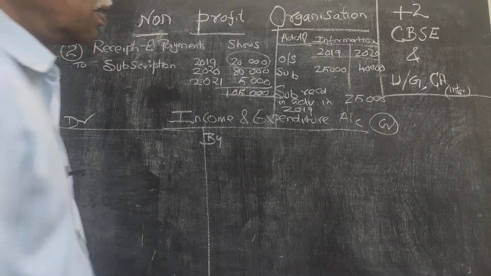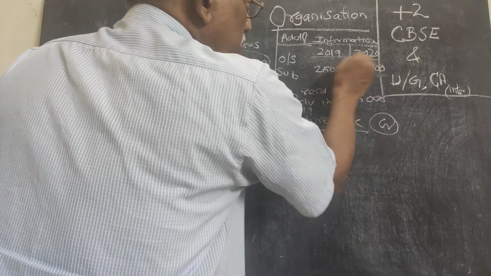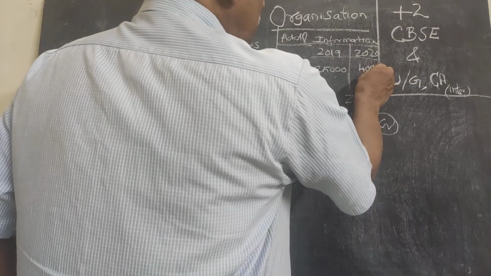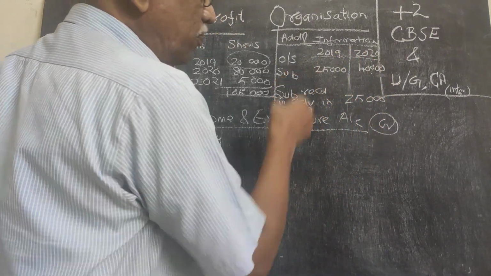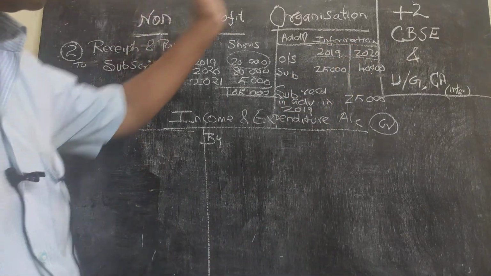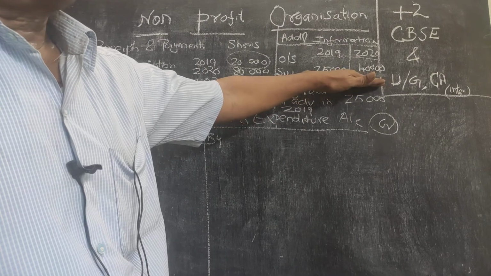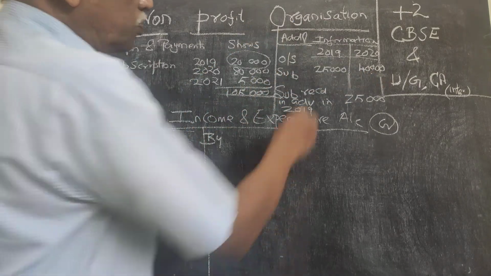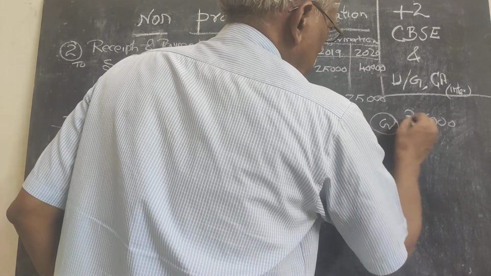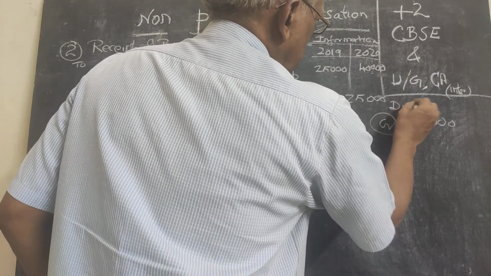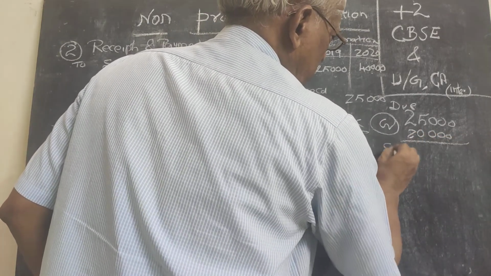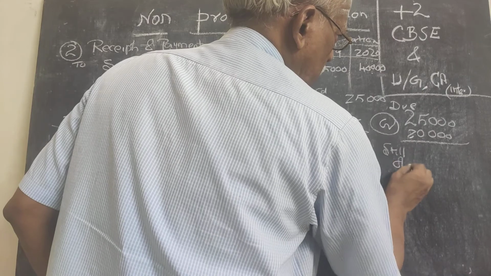That means this 40,000 is inclusive of that 5,000. So 40,000 is not the actual subscription outstanding for this year. This is for the balance sheet, the total amount of subscription outstanding, which includes 5,000 of the earlier year. So remember that 25,000 is due, but received only 20,000, so still outstanding 5,000.